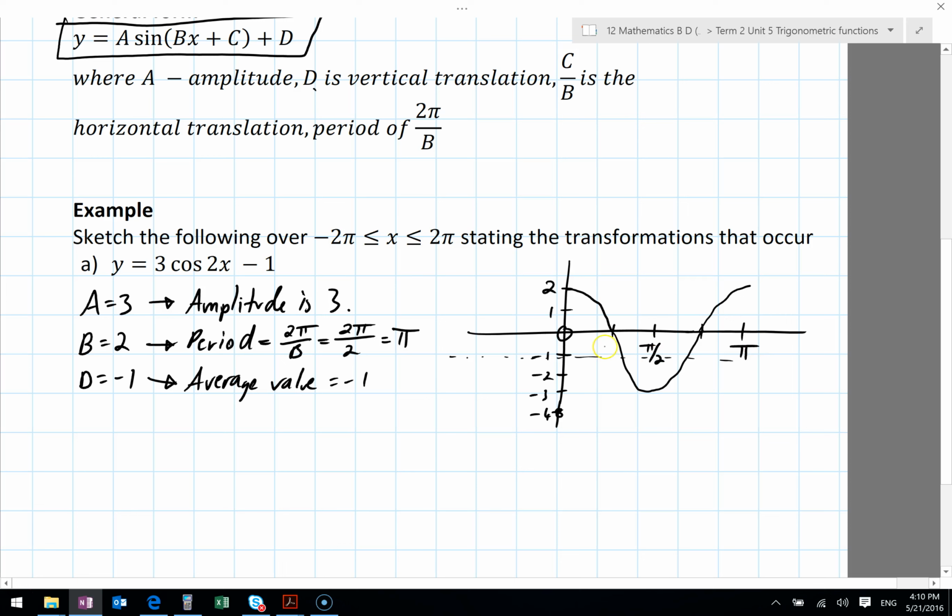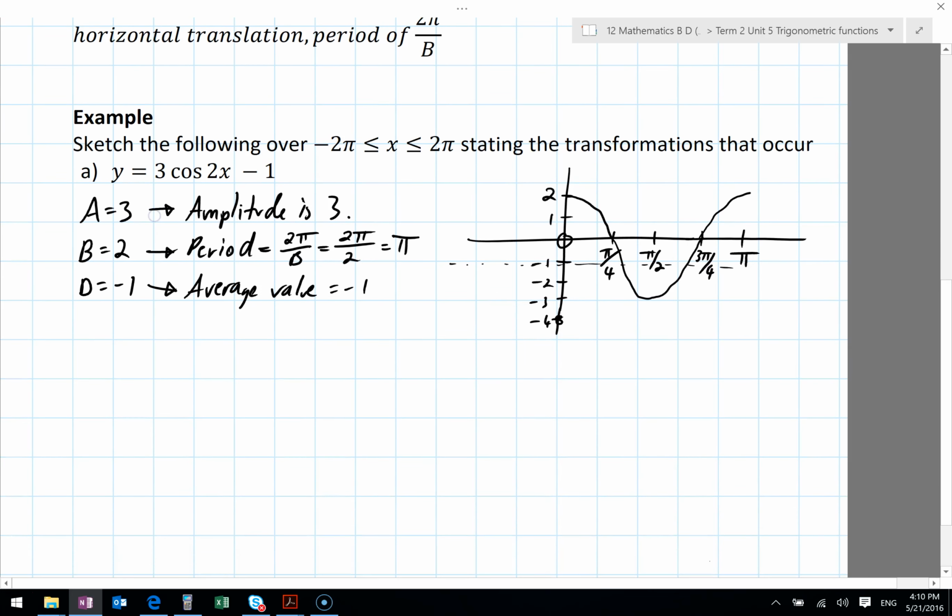So this is pi on 2, this is half of that, pi on 4, and this will be between the two, 3 pi on 4. That's probably the easiest way to draw this graph, I'd say. You can sketch it in that way if you're comfortable doing that.